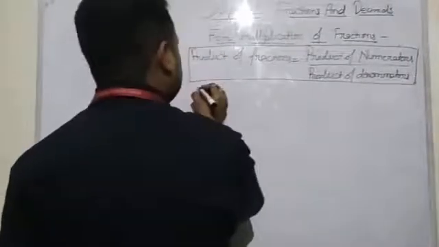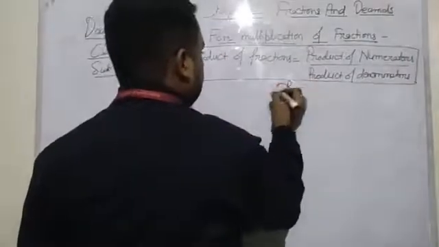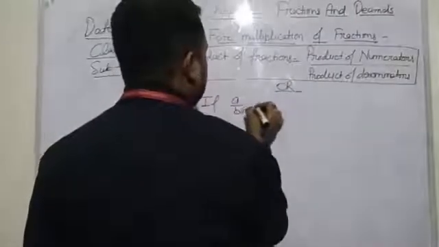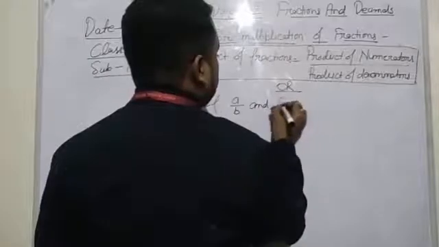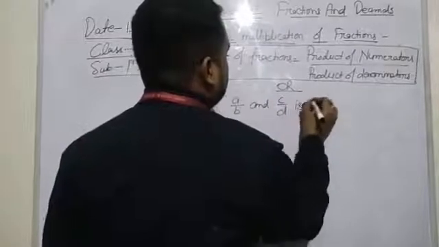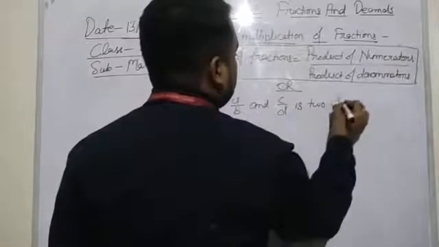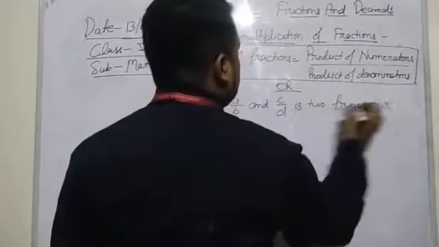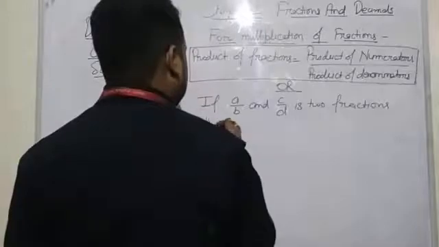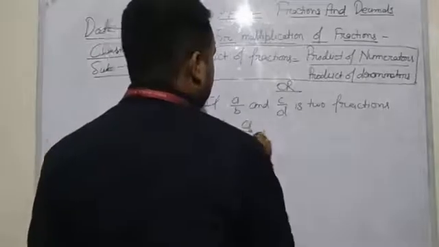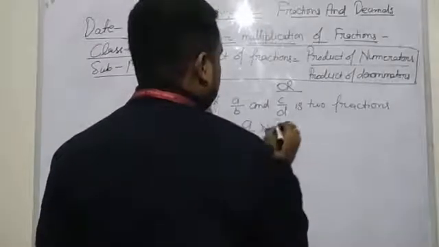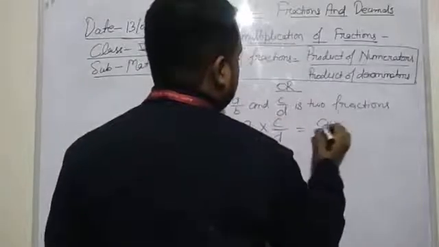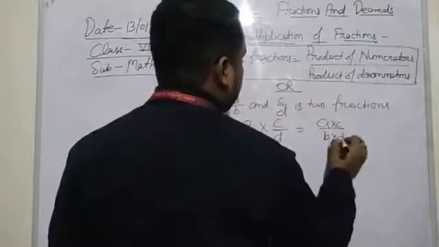Or if A by B and C by D are two fractions, then A by B into C by D is equal to A into C upon B into D.